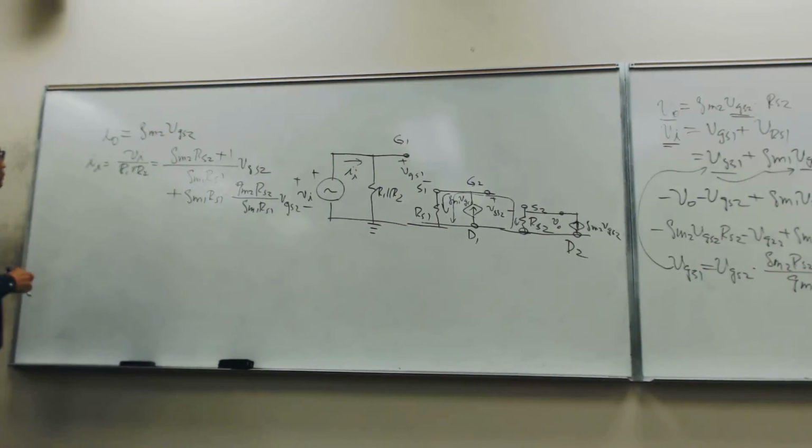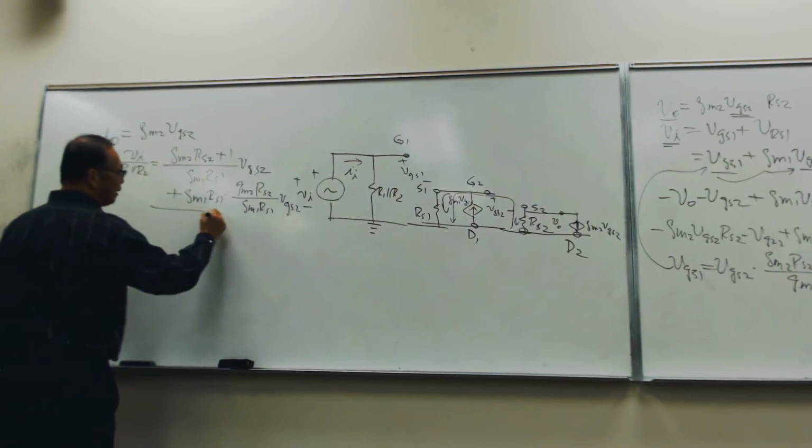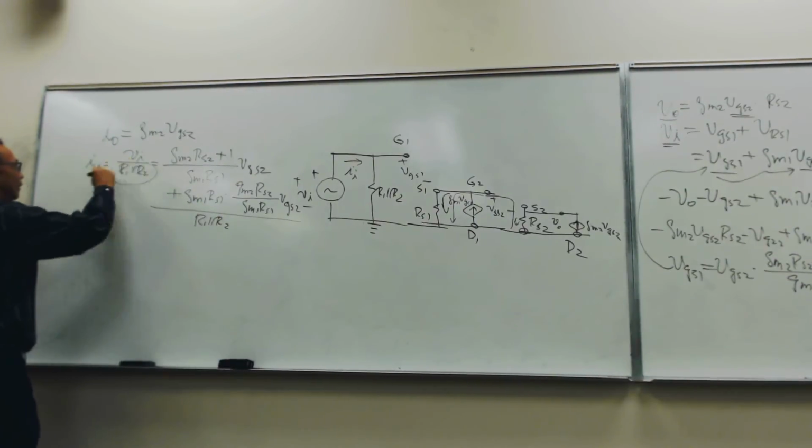Yes? Did I do anything wrong? Oh, this whole thing has to be divided by what? This is the whole thing, okay? It has to be divided by R1 plus R2. Yes? That's all. Yeah.